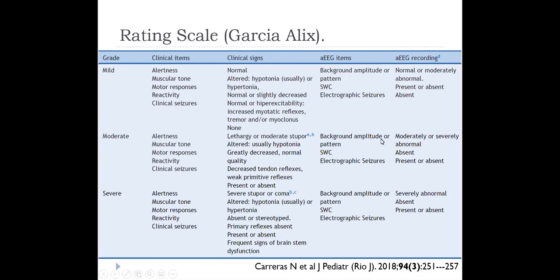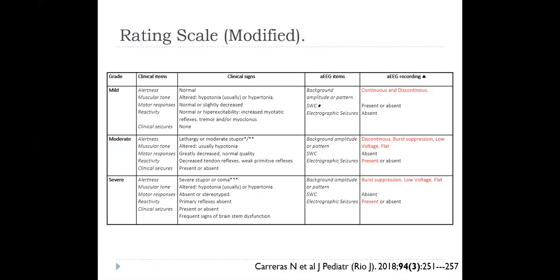Moderate grade has a moderately or severely abnormal pattern, and severe hypoxic ischemic encephalopathy has a severely abnormal background. Okay, what does this mean? I think that we need to be more explicit in this case.